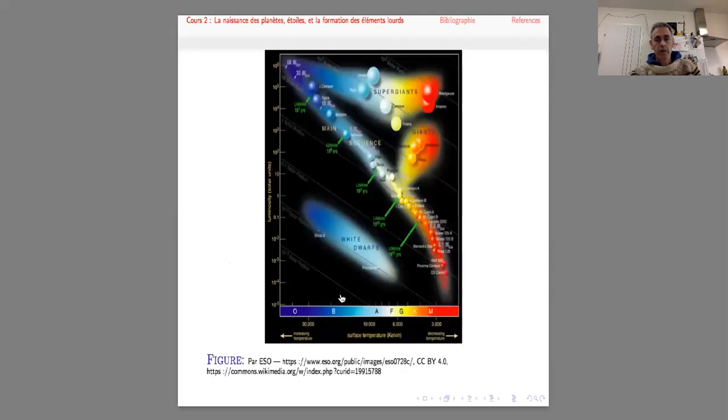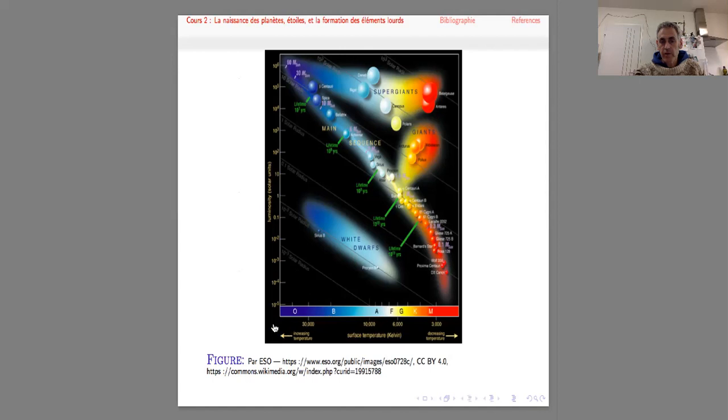Well, let me show you the main sequence. I got this from the European Space Observatory website, and so I'm crediting them. Here we have a diagram of Hertzsprung and Russell with the luminosity on the vertical axis and the temperature of the surface of the star on the horizontal axis.